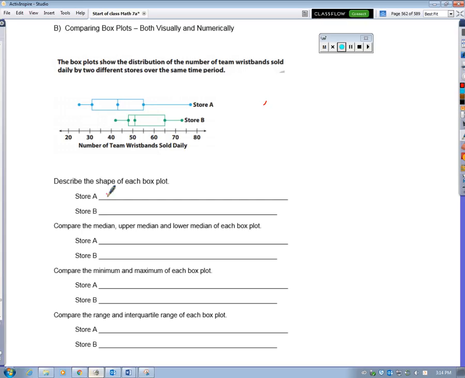Data is more spread out. Okay, we can also see that most of their sales were down here in the lower. Okay, most sales were lower.